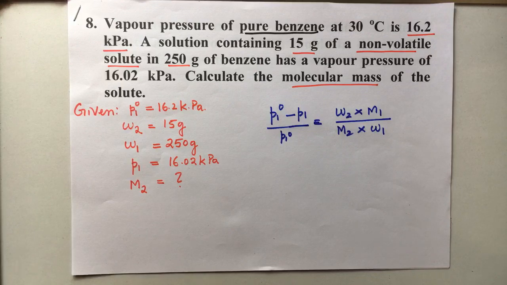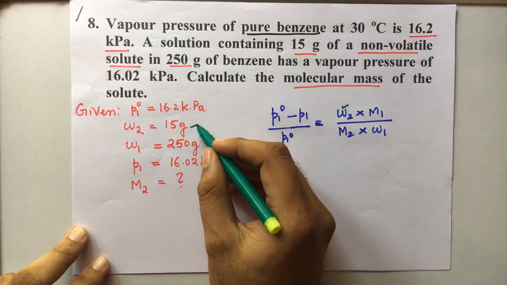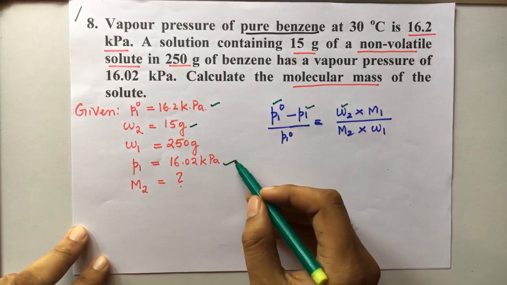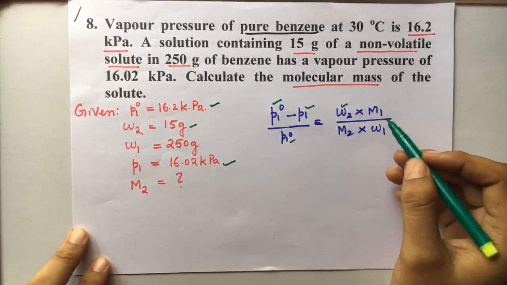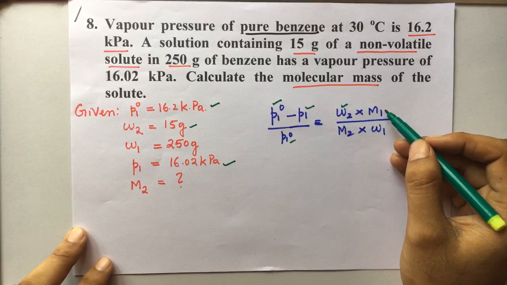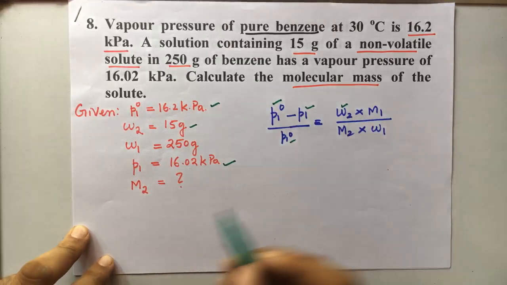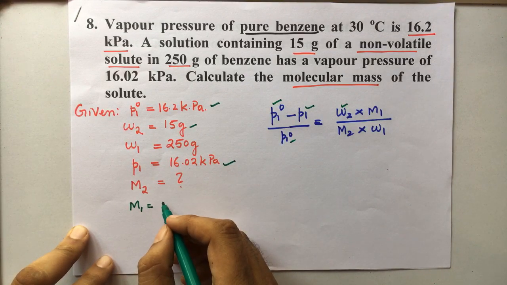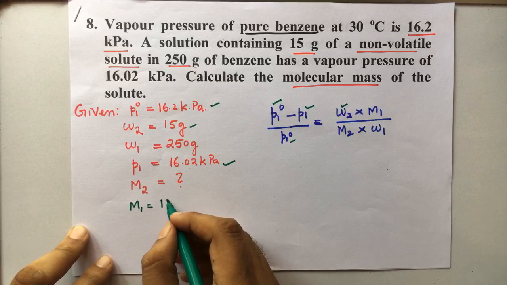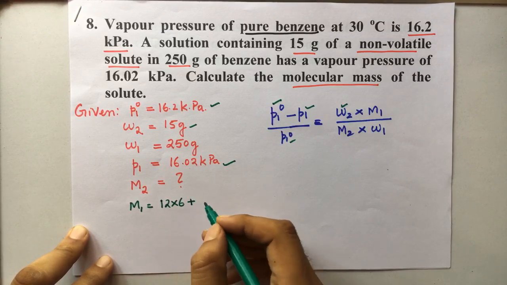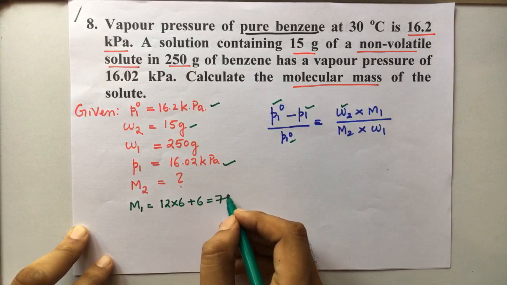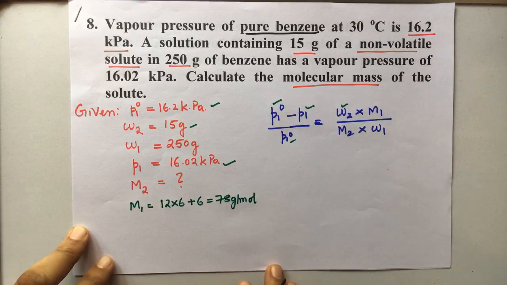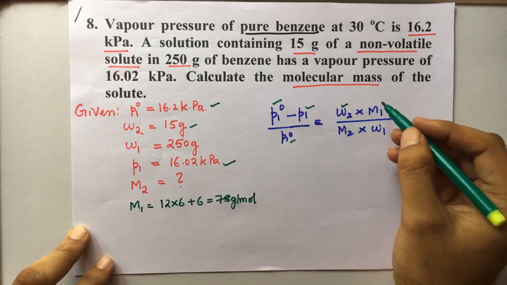Now see, W2 is given, P1 naught is given, P1 is also given. M1 is the molar mass of benzene. So benzene, what is the molar mass? 12 multiplied by 6 plus 6. This is equal to 78 gram per mole.